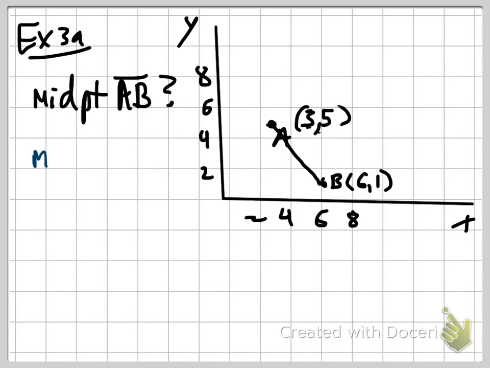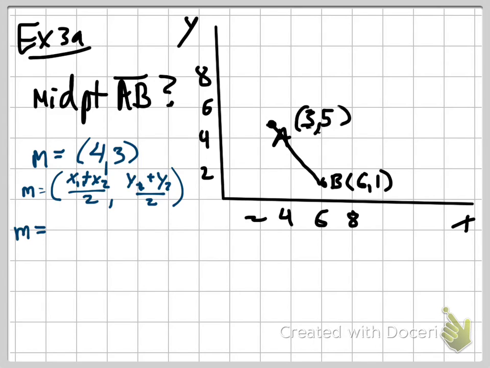Alright, I'll go ahead and solve this really quickly and you can check. You should have said midpoint equals x1 plus x2 over 2, comma, y1 plus y2 over 2. So you take your endpoints and add your x values, 3 plus 6 over 2, comma your y values, 5 plus 1 over 2.